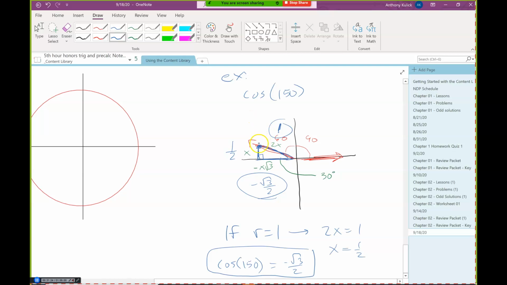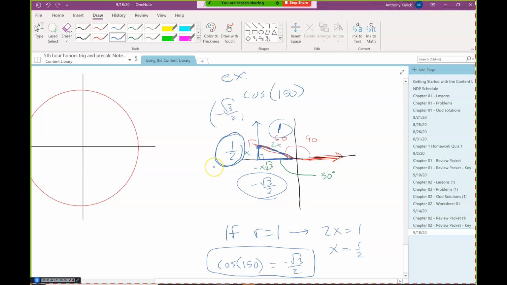So that would tell me this point has the x-coordinate negative square root 3 over 2. What would its y-coordinate be? It would be 1/2, right?